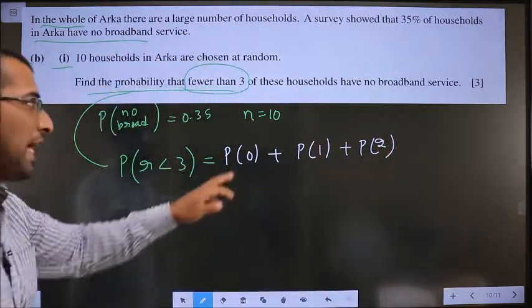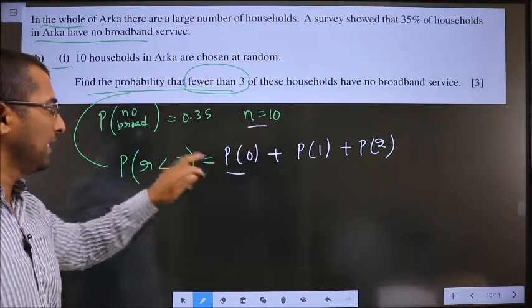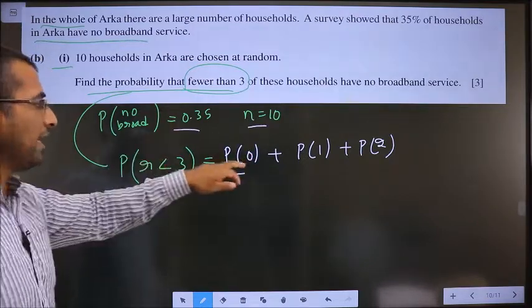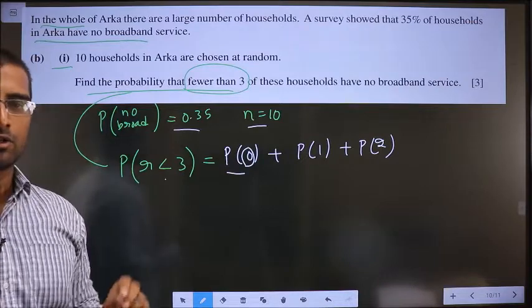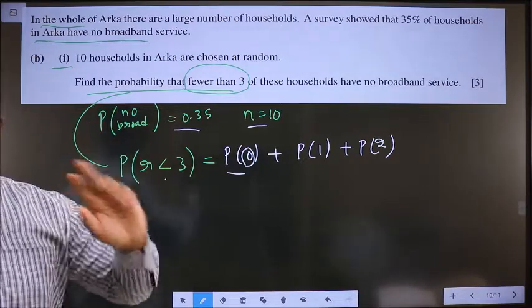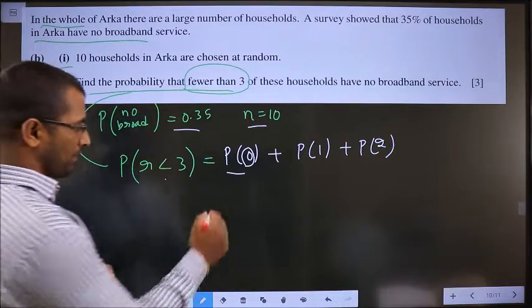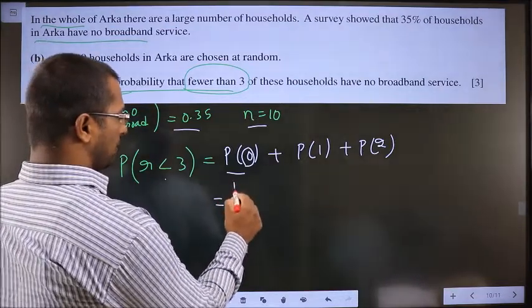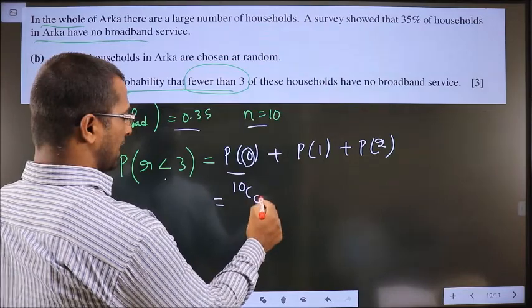Clear? You have the values of n, p and r. You should use the binomial distribution here. That idea should strike you. So here the binomial distribution formula is nCr.